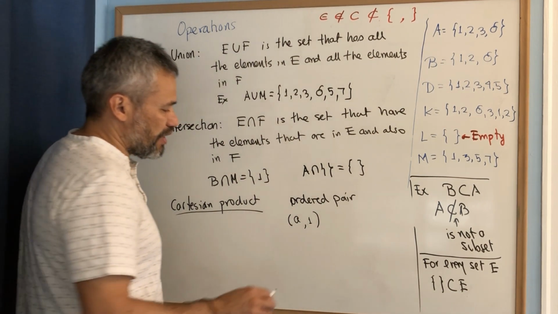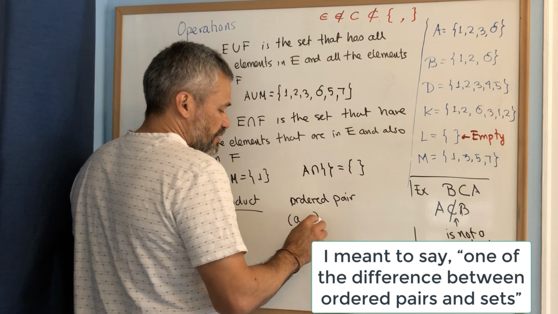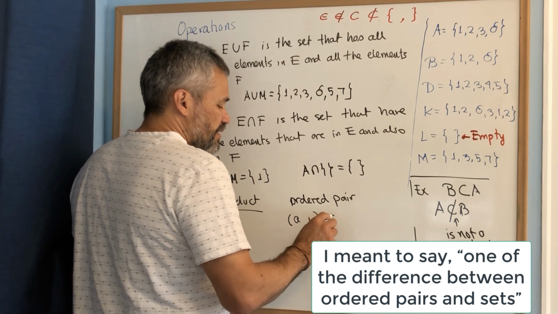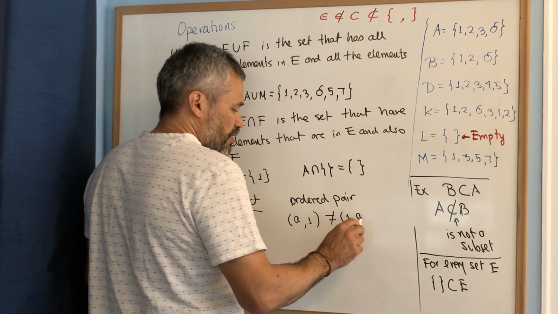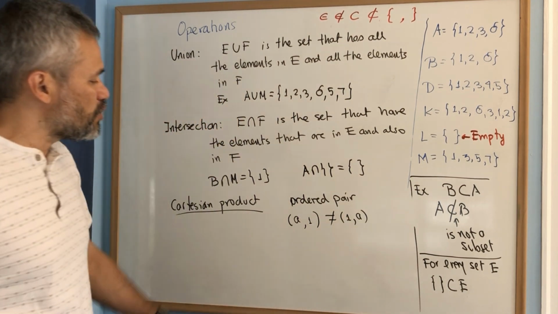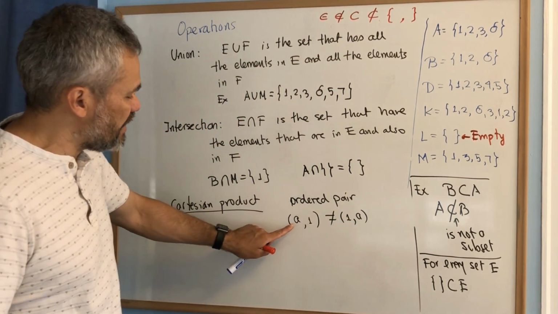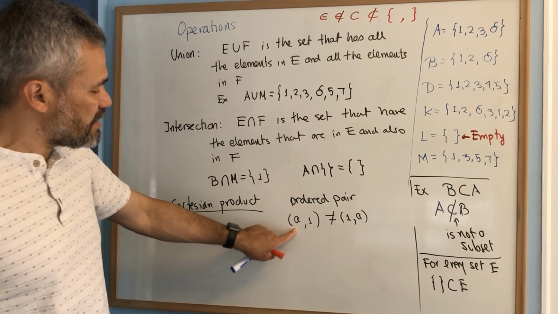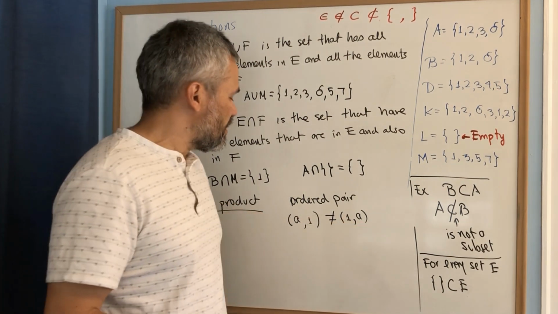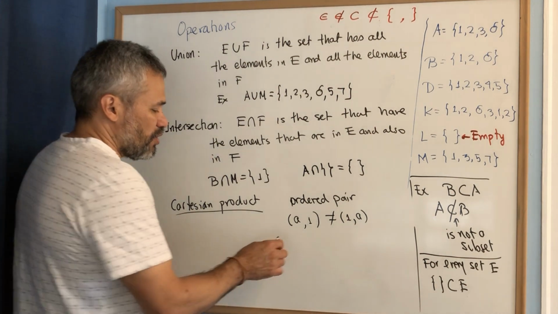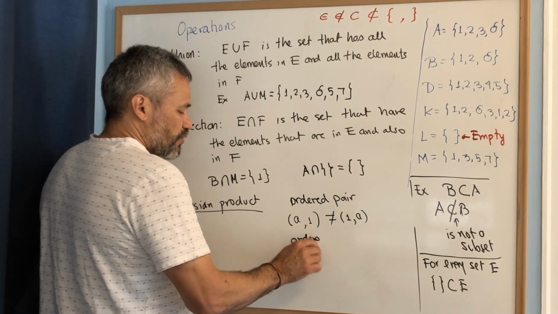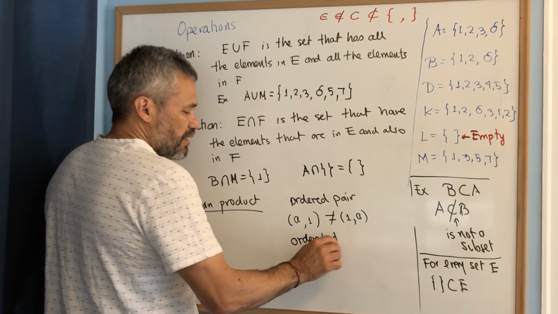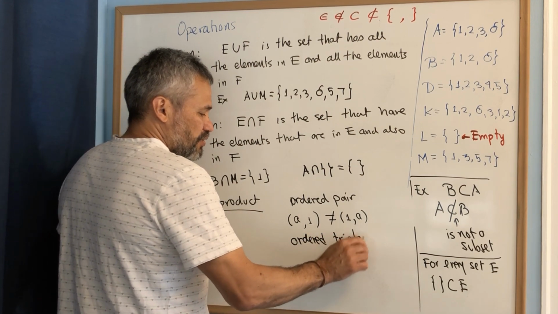One of the differences with an ordered pair is that when you consider this ordered pair, this is considered to be different from the ordered pair (1, A), right? Two ordered pairs are the same if the first entry is the same and the second entry is also the same. We can also define something for 3 elements, an ordered triplet.